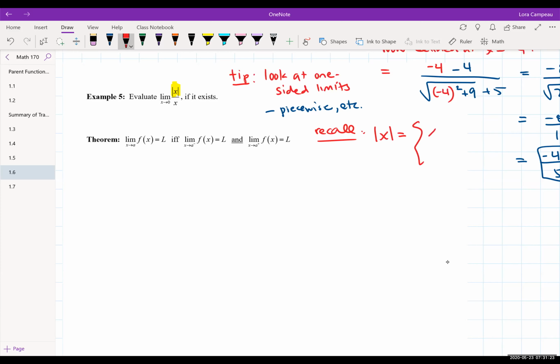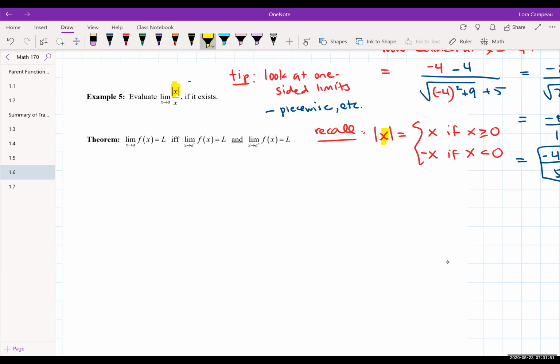Absolute value of x can be positive, well, it always will be, if your x is greater than or equal to 0. It could be the opposite if your x is less than 0. So we're talking about what's happening on the inside with this x if we're trying to solve for x.